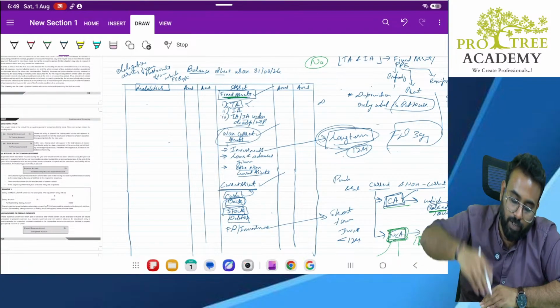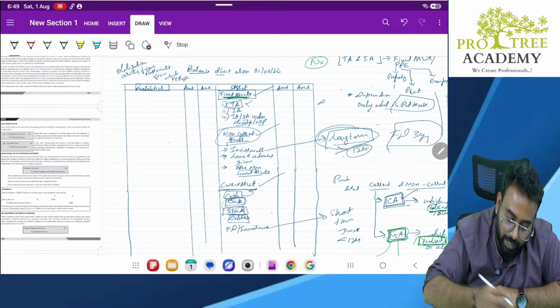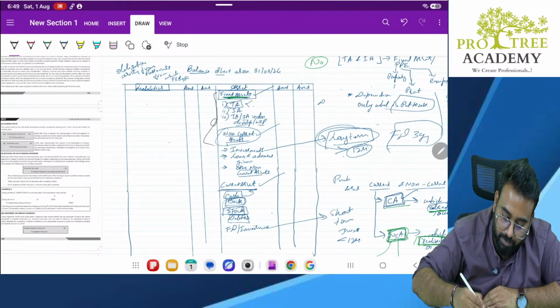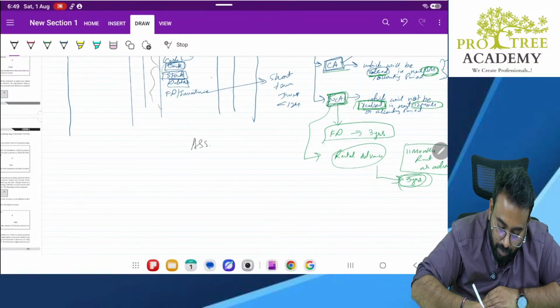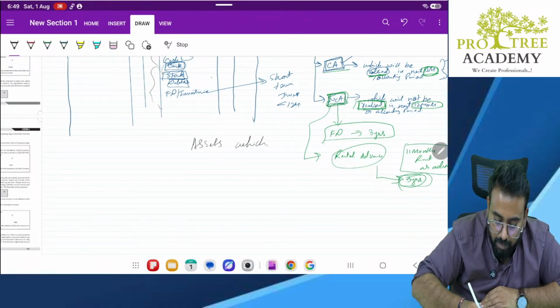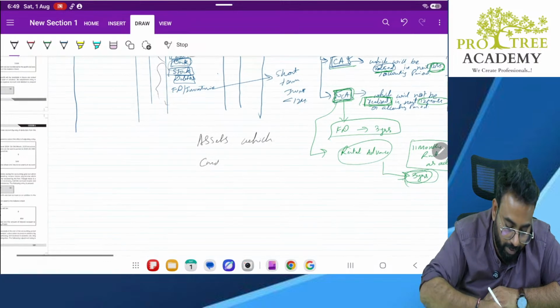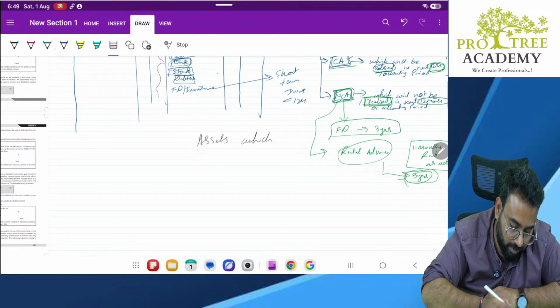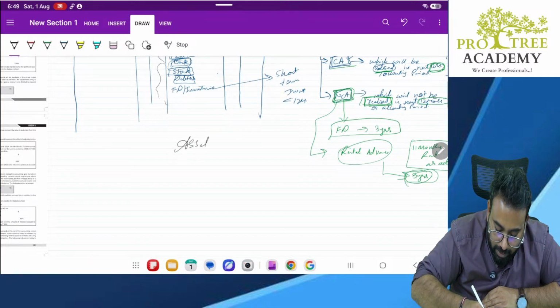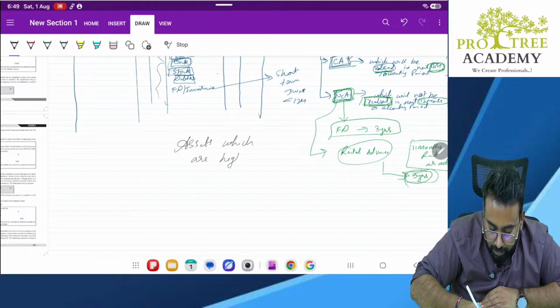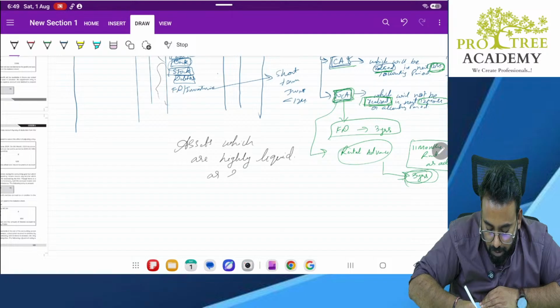So if you observe carefully, what we are seeing in the pattern here is assets which are highly liquid are shown at the bottom.